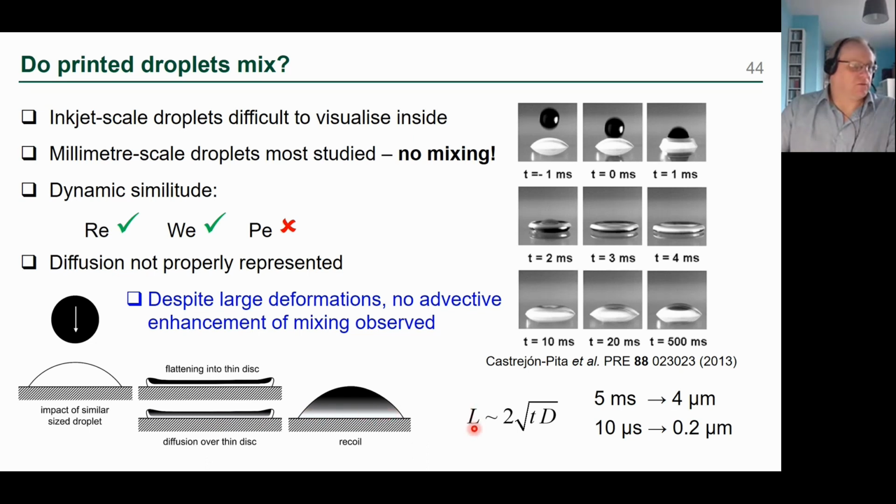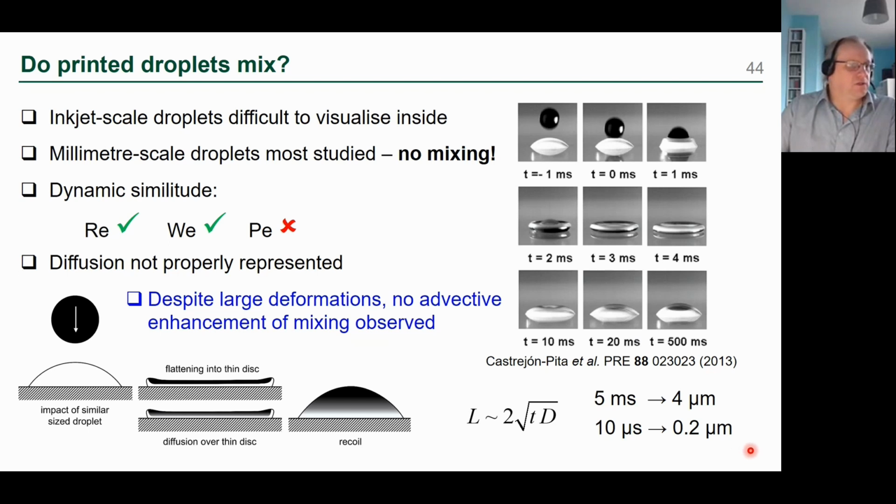And the length scale at which you can observe diffusion in a given time is given by this relationship. So if you've only got 5 milliseconds of this impact, you're only going to diffuse over 4 microns. And if it's a much smaller time, correspondingly smaller distance. So diffusion is not really having much effect.